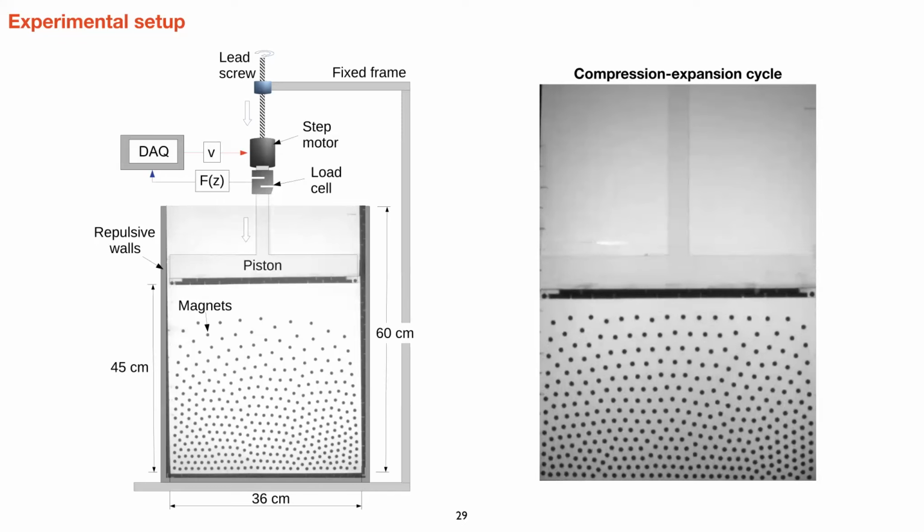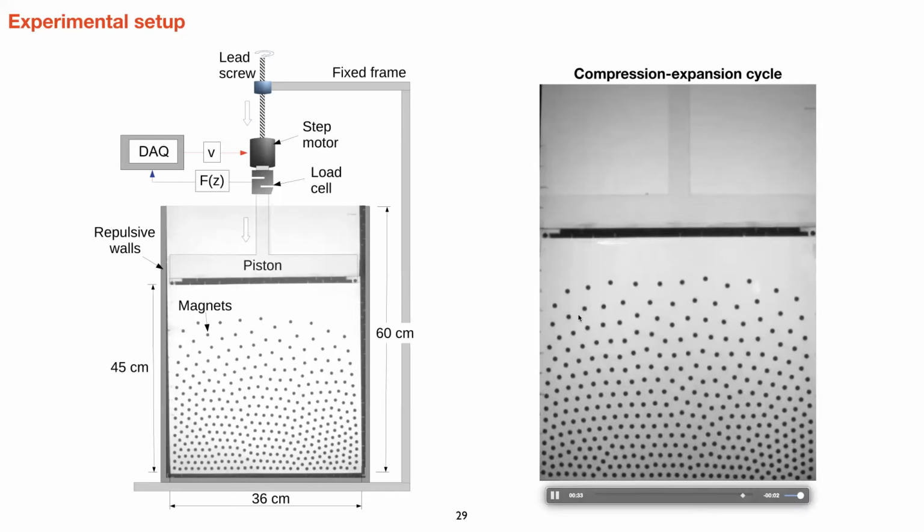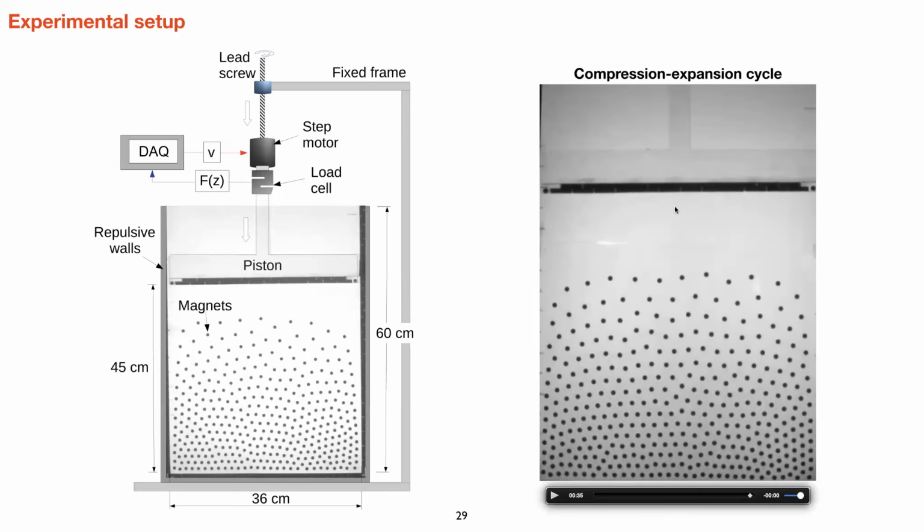The magnets also have repulsion with the piston because this is also a magnetic bar. So there is repulsion between the particles and also with the walls around and with the piston. And we measure the force versus the compression of the piston. So it's a similar experiment to the previous cases, but here with this granular material that is composed of repelling particles.